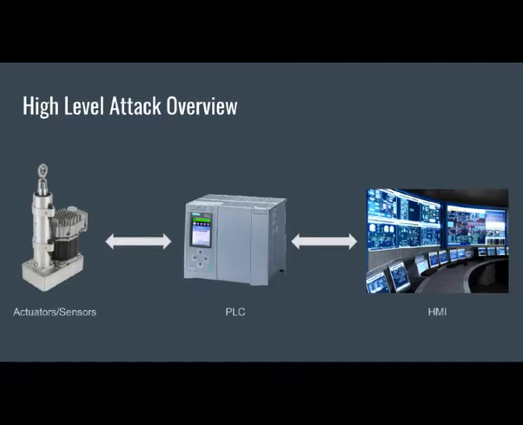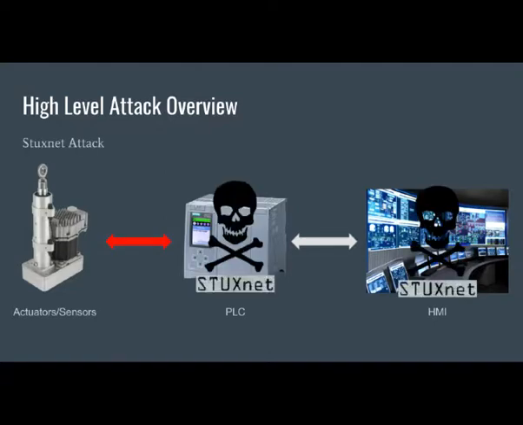Last time we went over Stuxnet, and to give a view of what it did, it compromised both the PLC and the human-machine interface, whereby it was able to send malicious controls to the actuators from the PLC, but also took over the human-machine interface, because without doing that, the operators would have been able to see that the attack was happening.